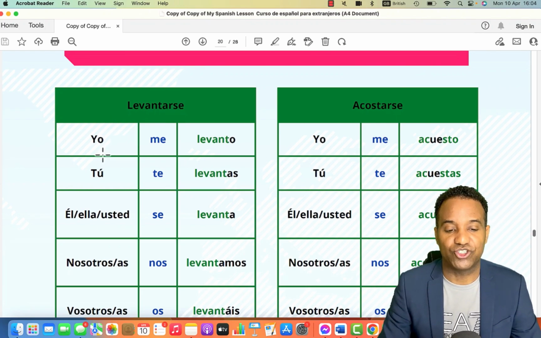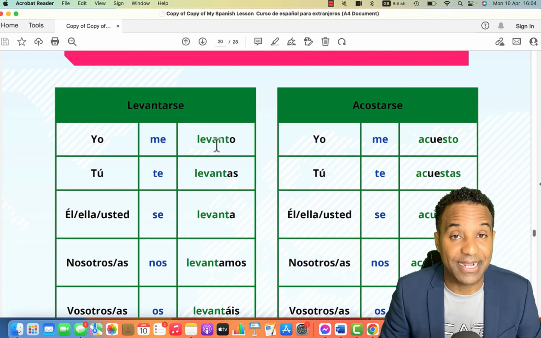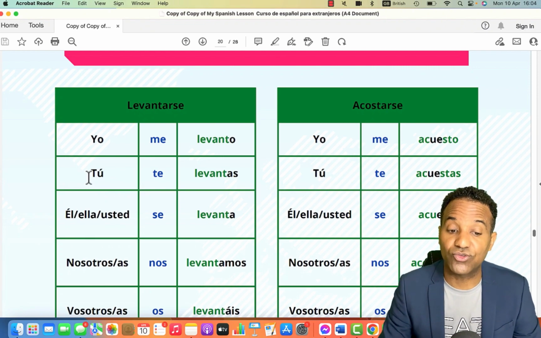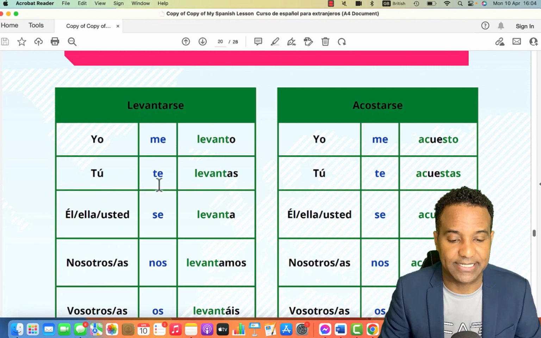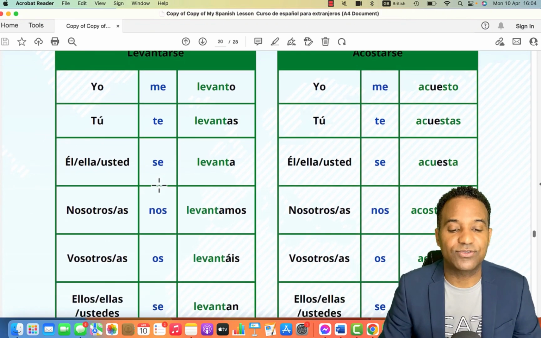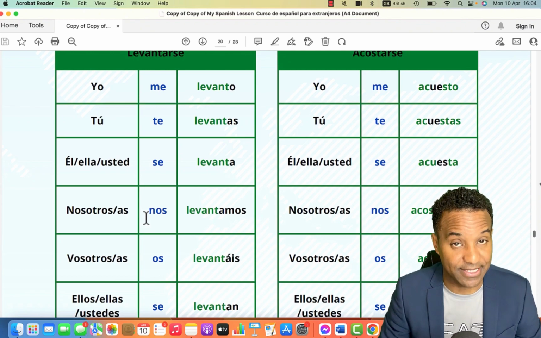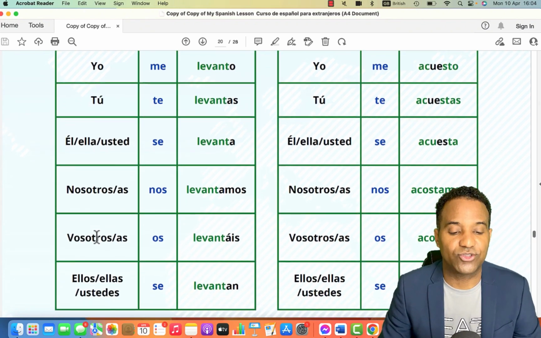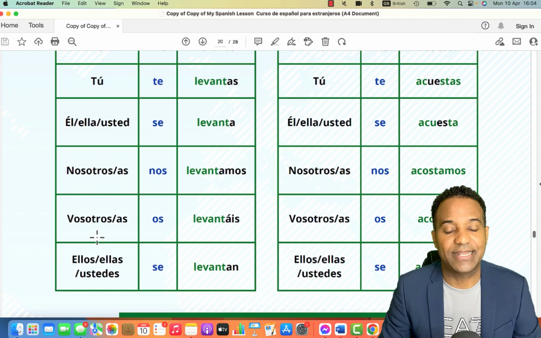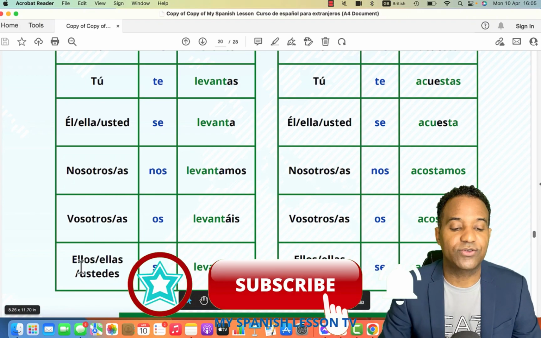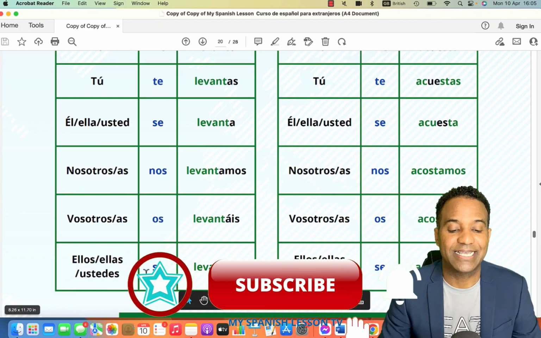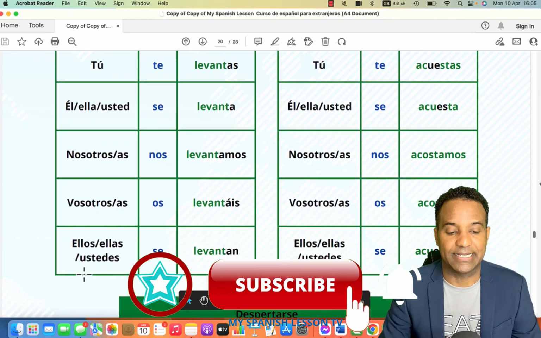So that would be yo me levanto. Tú te levantas. Él, ella, usted se levanta. Nosotros, nosotras nos levantamos. Vosotros, vosotras os levantáis. Ellos, ellas, ustedes se levantan.